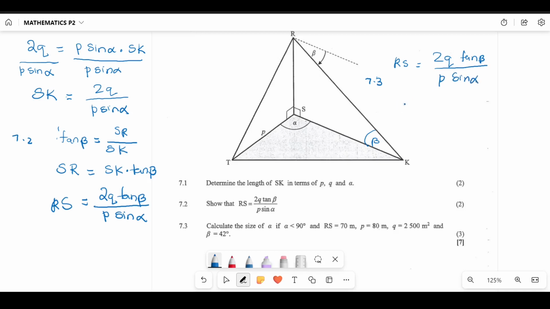RS is 70, equal to 2 times Q, which is 2500, times tan beta, which is 42 degrees, the whole divided by P, which is 80, times sine alpha.